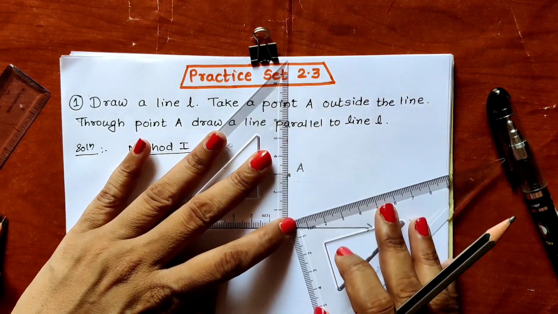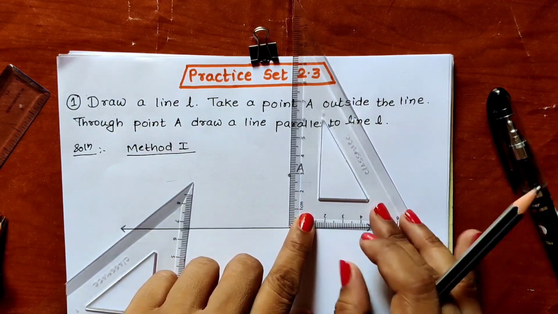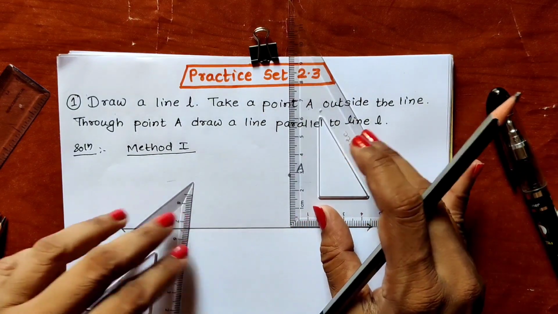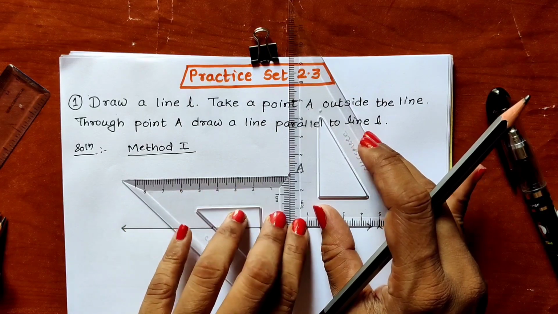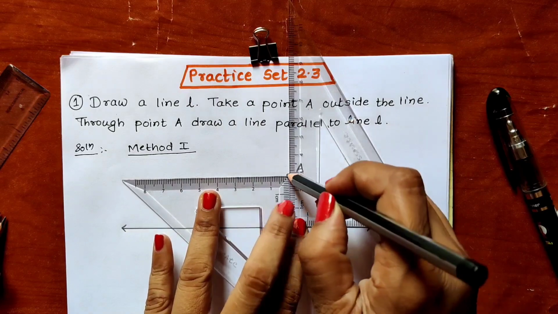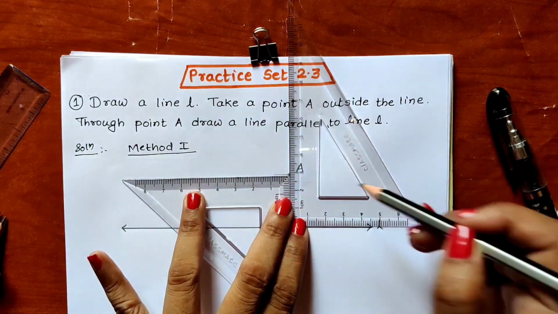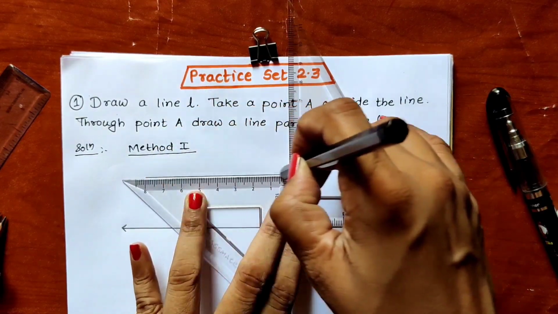So I will be placing my set square in this way. Just observe how I am placing. And now what I will do, I will be drawing a line by using this second set square in this way.